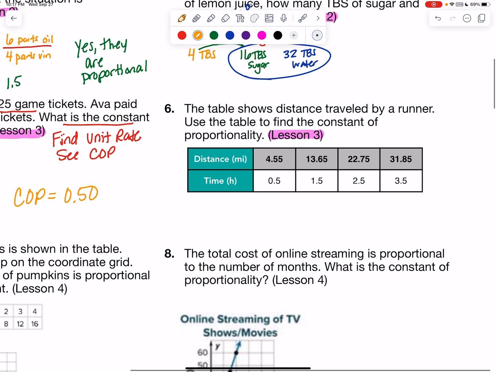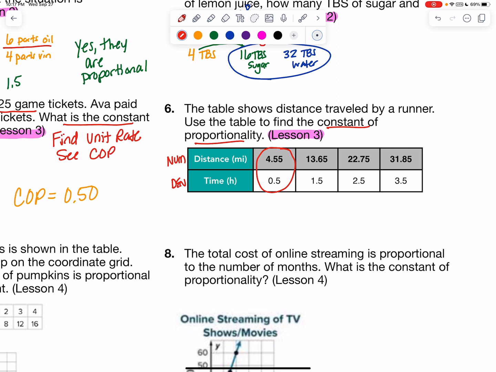The table shows the distance traveled by a runner. Use the table to find the COP. How do we find COPs? We find the unit rate, and the top of the unit rate, the numerator, is the constant of proportionality. So let's do this right here. We have miles per hour. So there's a numerator and my denominator.